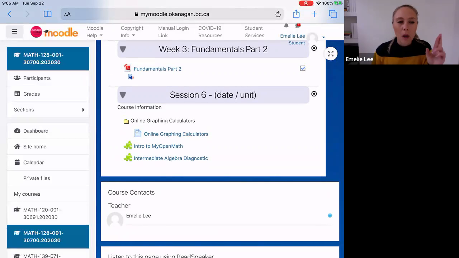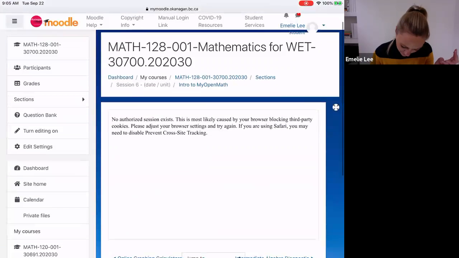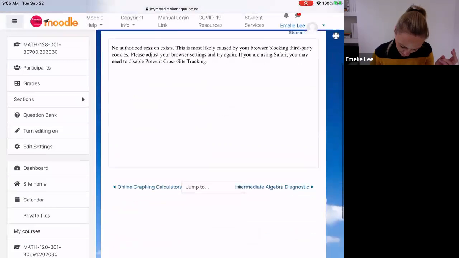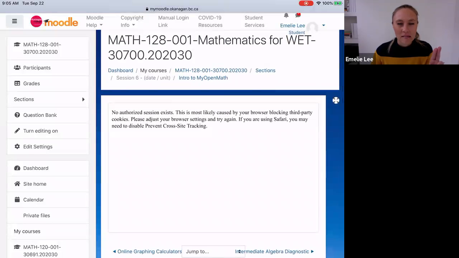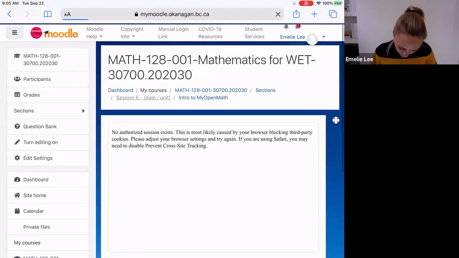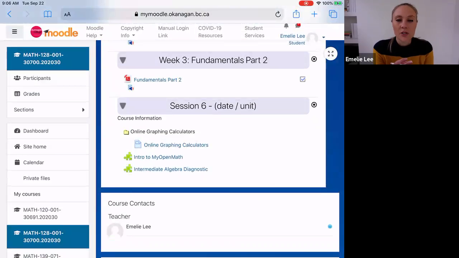So I'm hoping that when you click on it, okay, well, this might be an iPad thing, but I'm hoping once you go in, it should take you to a different page with a quiz. I'll leave that for now. And then there's the intermediate algebra diagnostic. Oh, awesome. Okay, so it must be an iPad blocking thing. So that's great. It takes you to a little quiz.